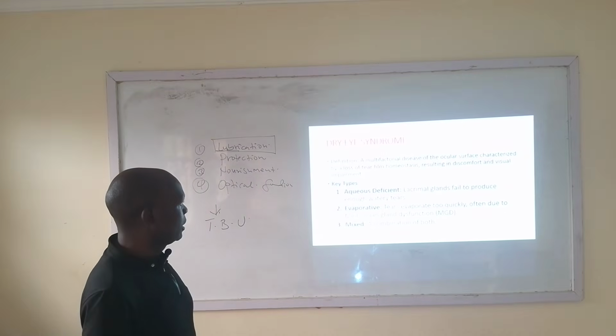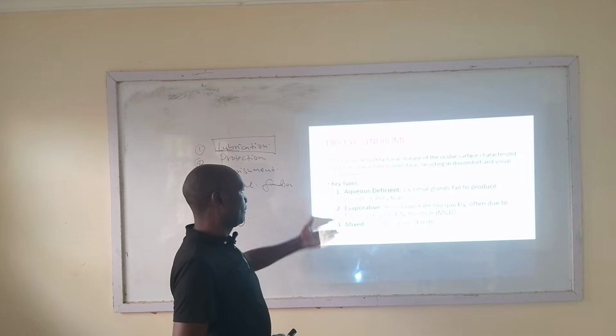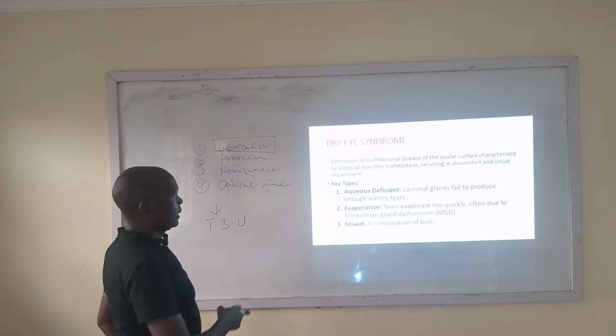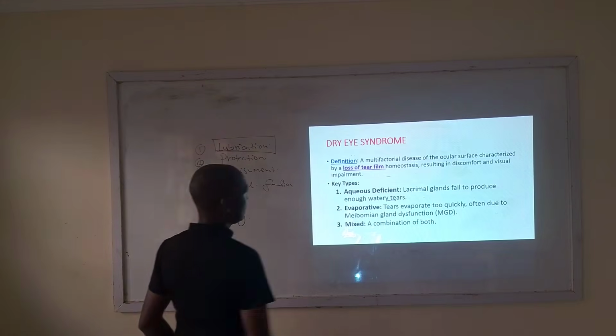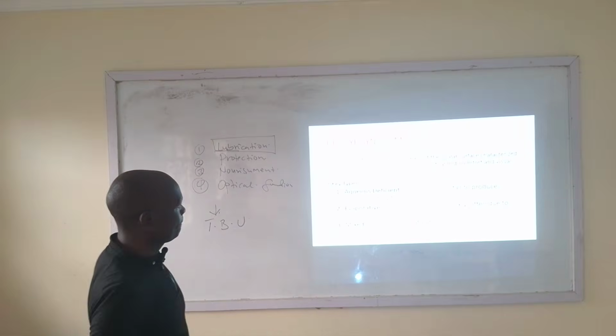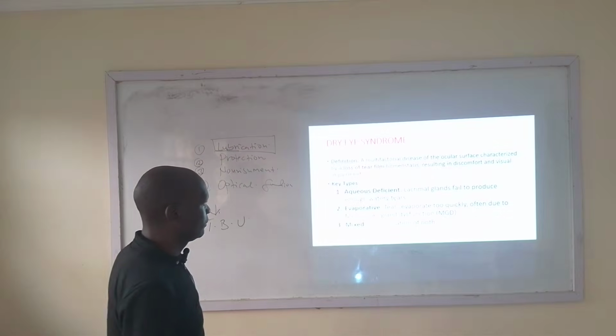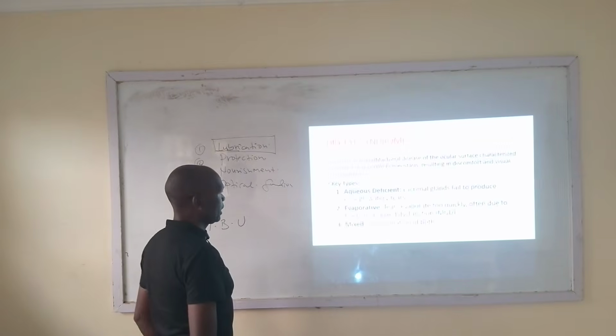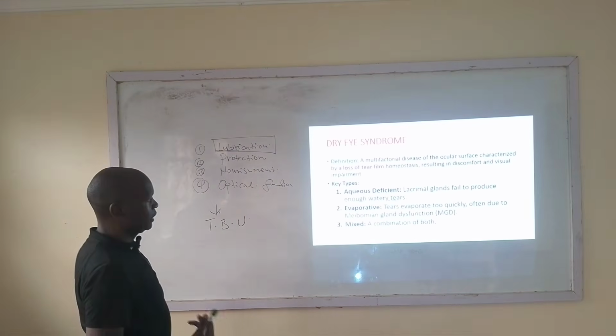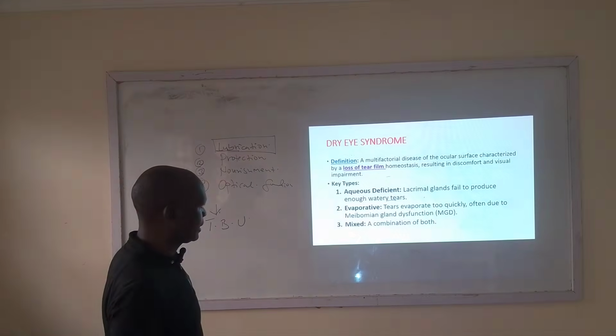And what we are saying is that one of the key types here is the aqueous deficient. This is the case where our lacrimal gland will fail to produce enough watery tears.